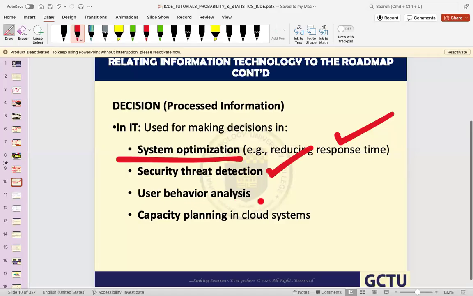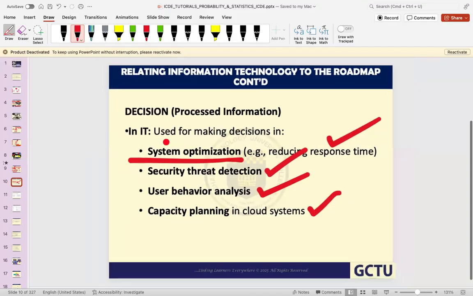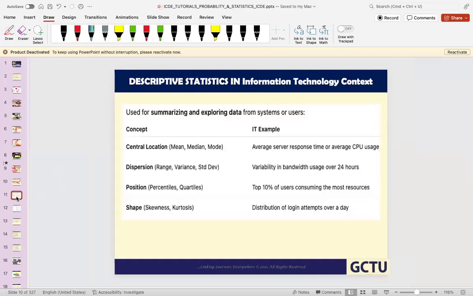We have user behavior analysis. And then we have capacity planning in cloud systems. Don't worry about these things if you haven't heard about them before, but these are all technology activities, which I'm saying with the help of probability and statistics, we can understand the nature and how they happen.